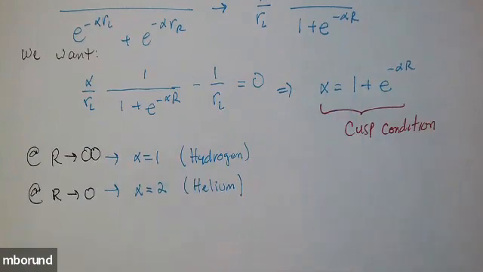So if you set the distance between the two ions, now you know what your trial wave function is that is going to give you the ground state. It's 1 on this end, it's 2 on this end, and you have the R parameter to bring them to whatever value you need it to be.